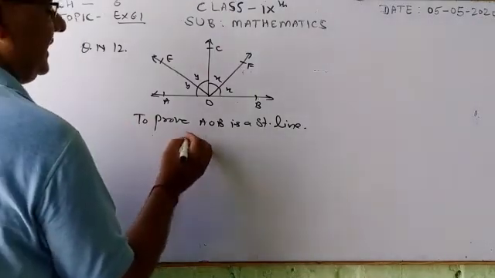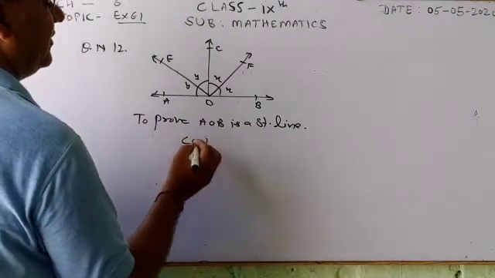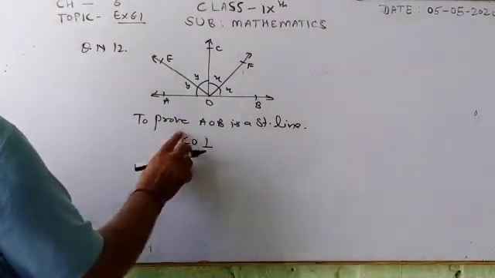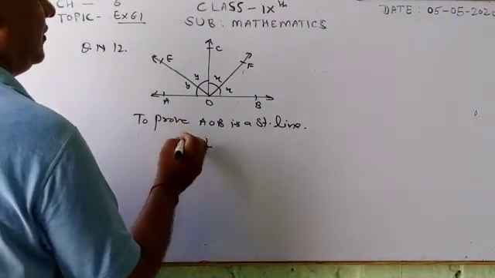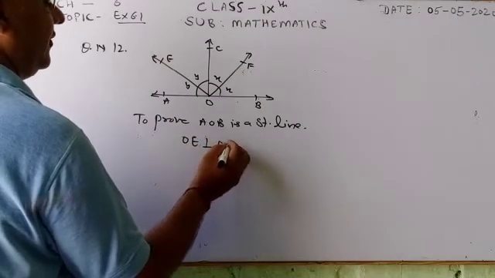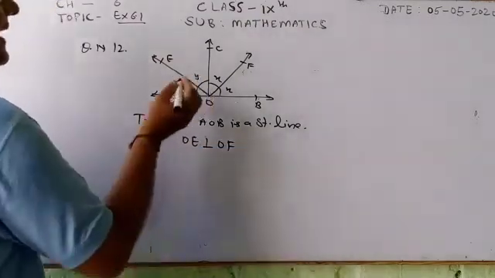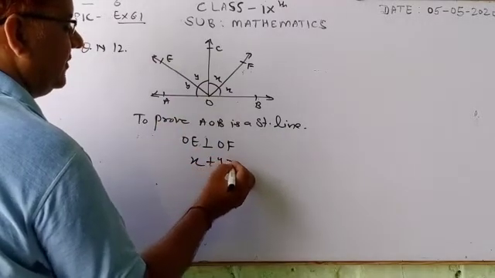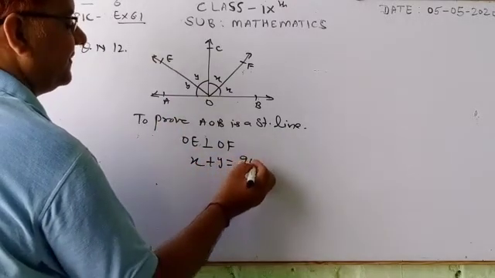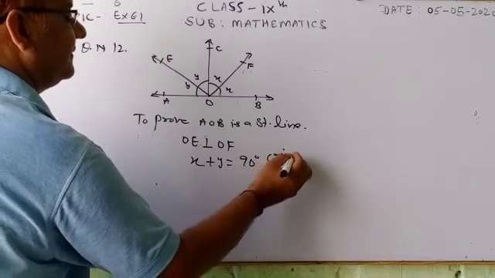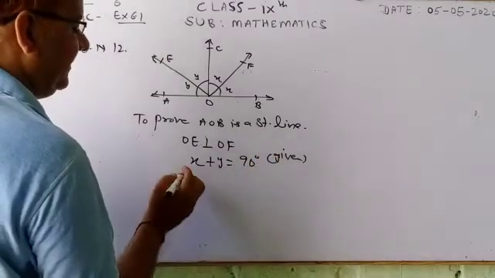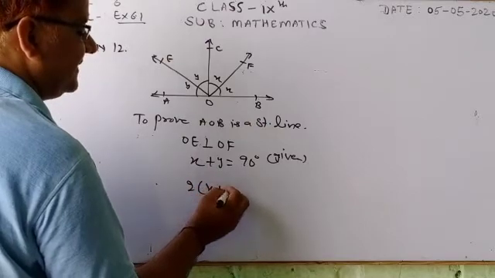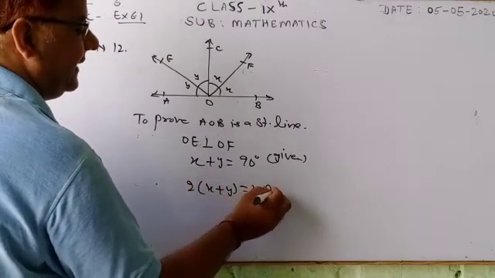So OE is perpendicular on OF. It means x plus y equals 90 degrees, given, and we multiply both sides by 2: 2 into x plus y equals 2 into 90 degrees.